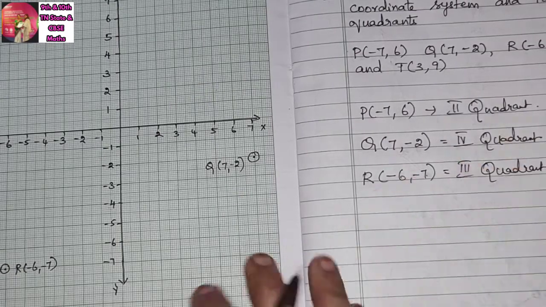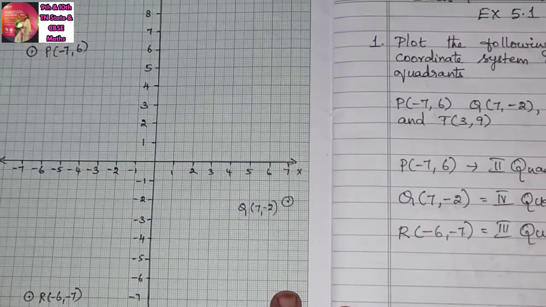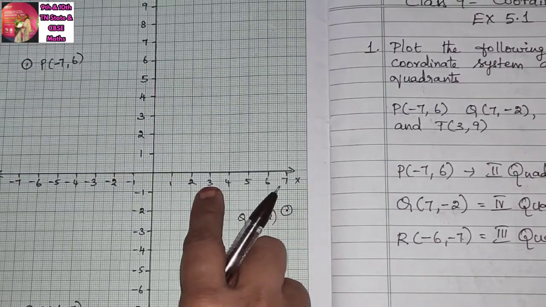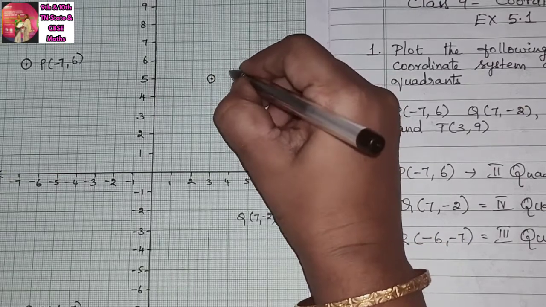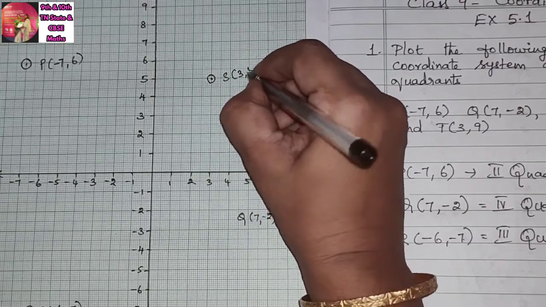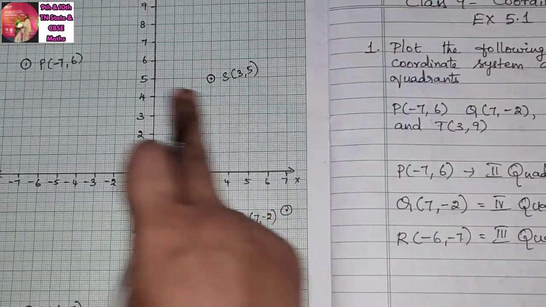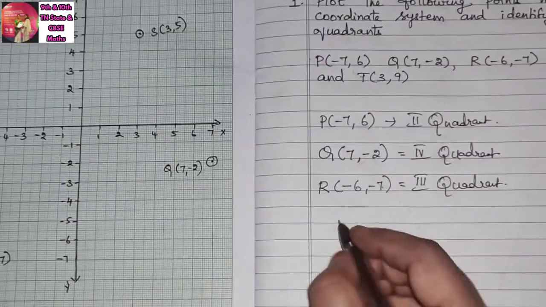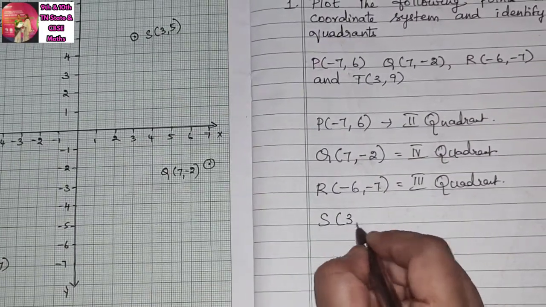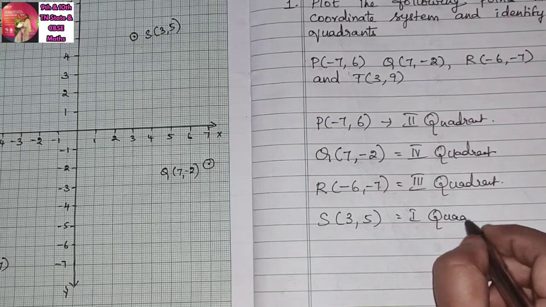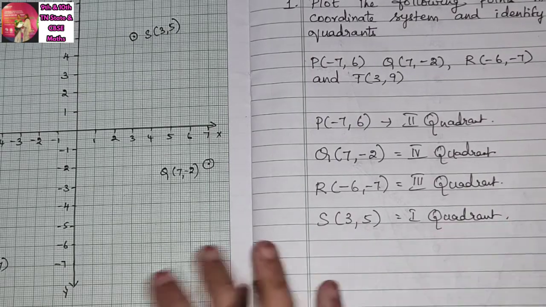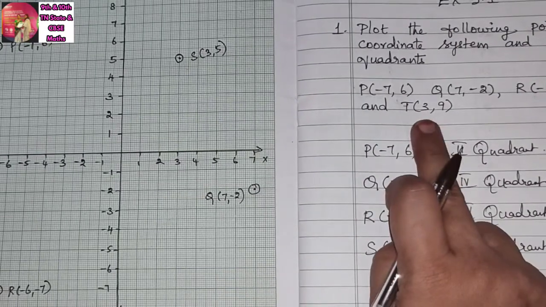Then the fourth one is S, 3, 5. 3 on the x-axis, 5 on the y-axis. Both are positive, so S 3, 5 will be in the first quadrant. Then the last point is T, 3, 9.